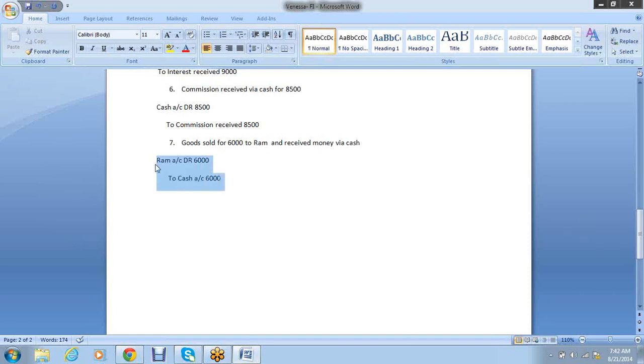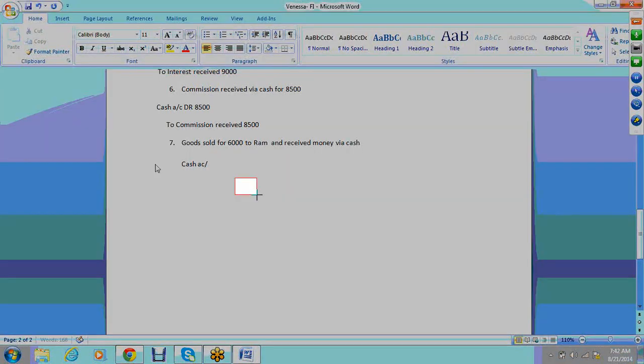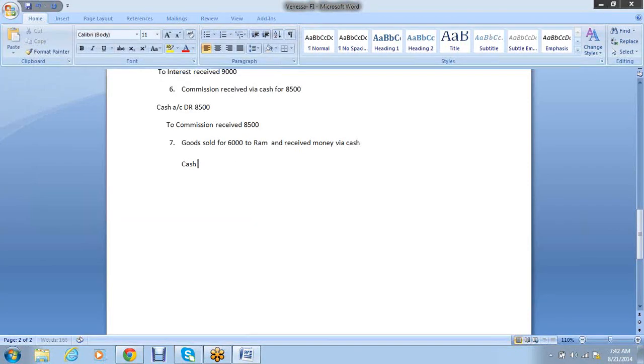So cash is coming in, so the cash account is debited. What comes in is debit. My goods are going out.